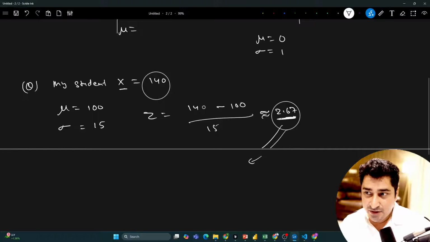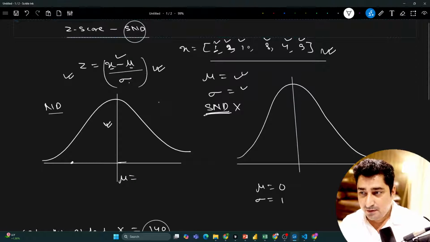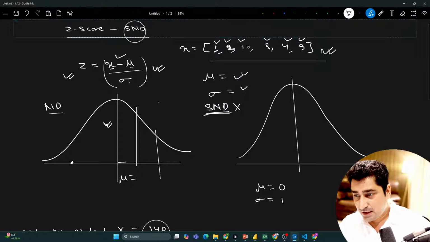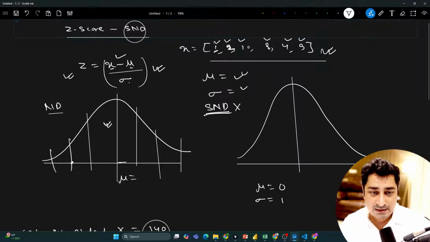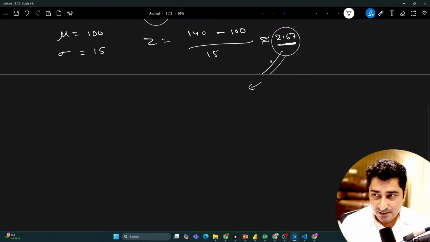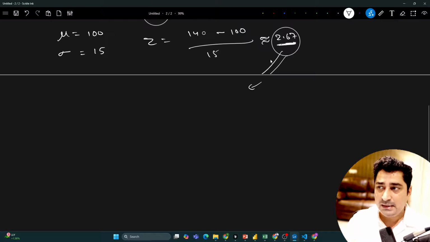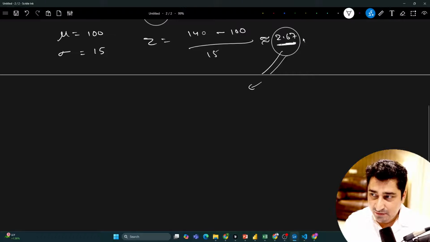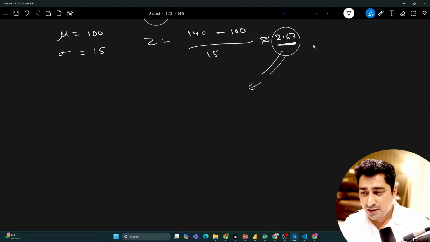We have seen 3 standard deviations, and within 3 standard deviations, basically 99.9% of the data is going to exist on both sides, on the negative side as well as the positive side. So the Z value 2.67 that I'm talking about here is trying to tell me how many standard deviations my data is from the mean. It is telling me that it's 2.67 standard deviations.